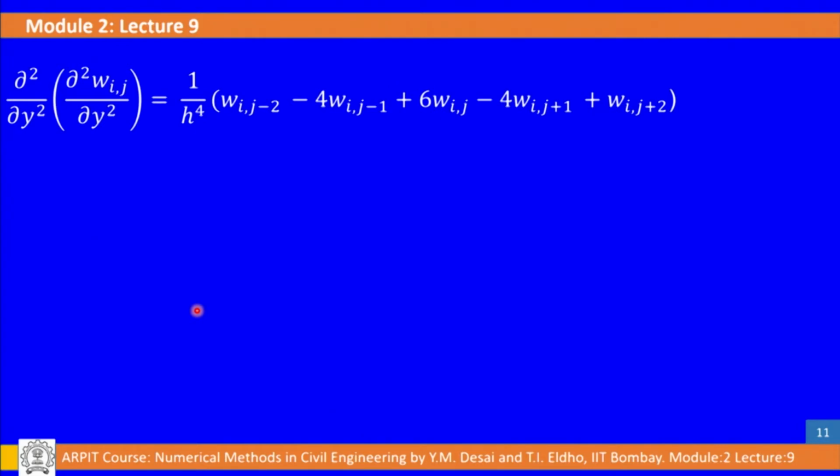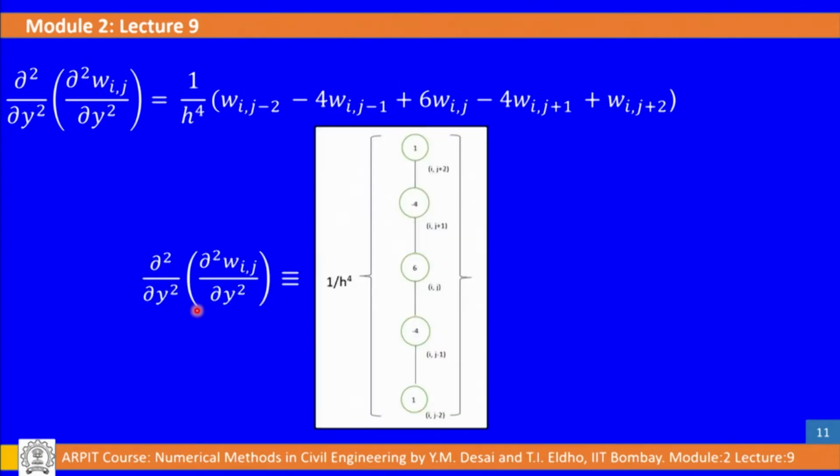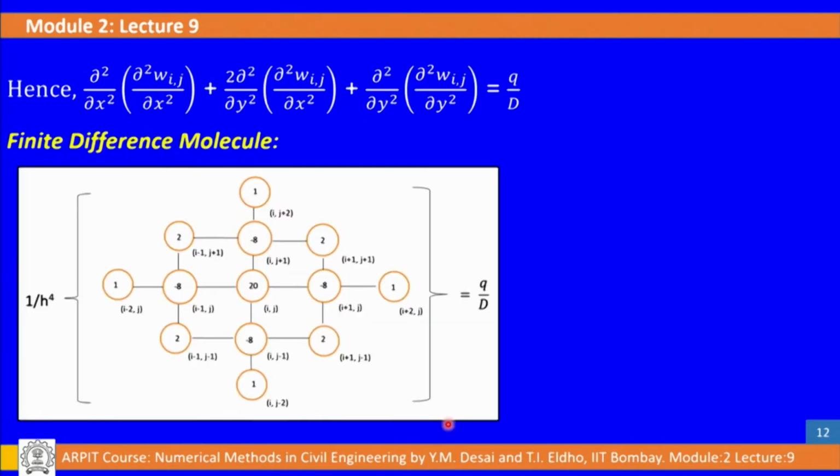Similarly, the fourth derivative with respect to y. What we saw in x, now similar coefficients we see in the y direction, and putting all these terms together, we get our finite difference molecule to be applied at all the points that we select in the domain, construct simultaneous equations and solve them, and that is what we do in the finite difference method.